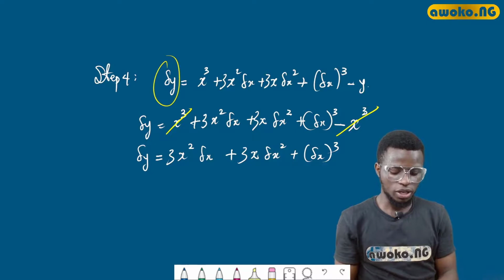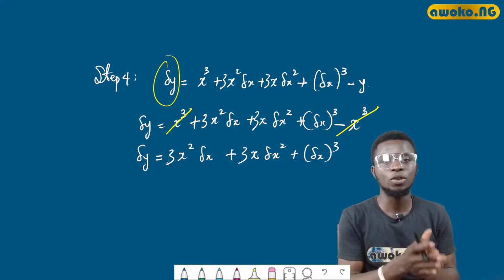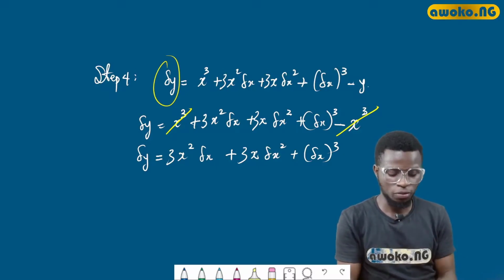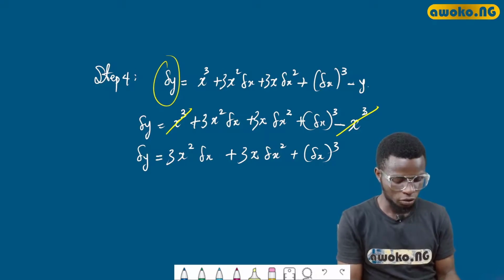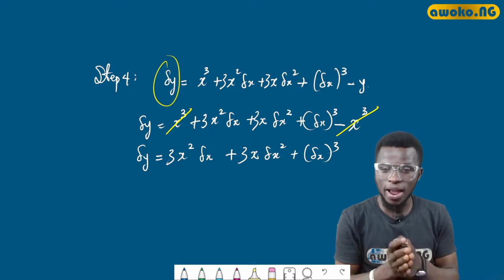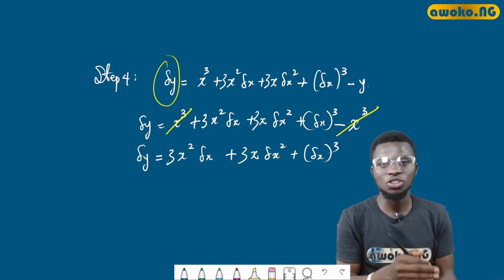So if we go over to the 5th step, remember in our previous class, I gave all the steps we need to take while solving for the differentiation from first principle. So the next step, if you could remember very well, is to divide through by dx. Is to divide through by the small or infinitesimal change in x.